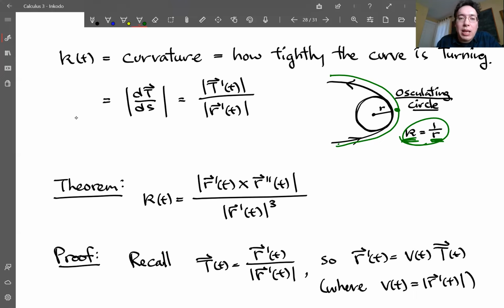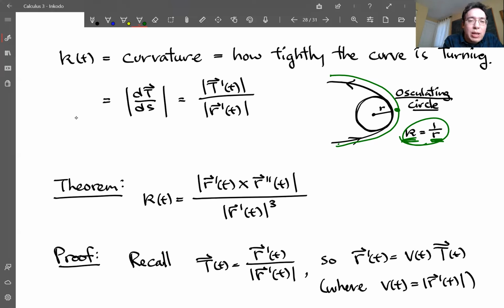Okay. And when you're talking about curvature, this is a geometric thing. It doesn't really matter how quickly you draw through the curve, like how quickly the particle is moving across this curve. So you want to account for it by the arc length. What do I mean by that?